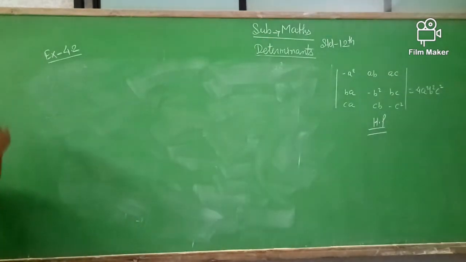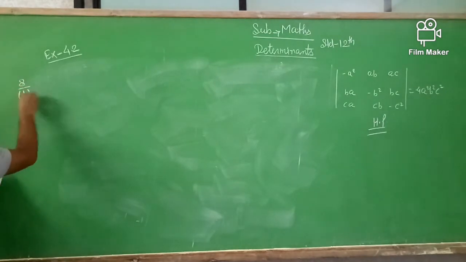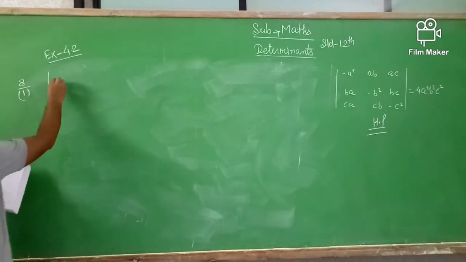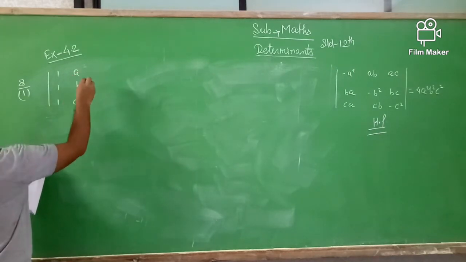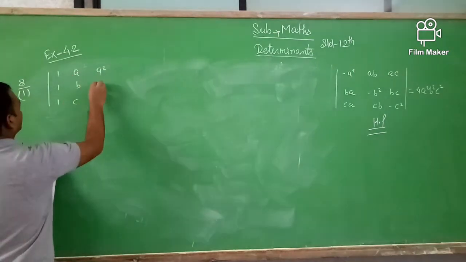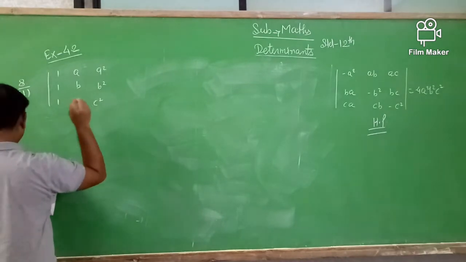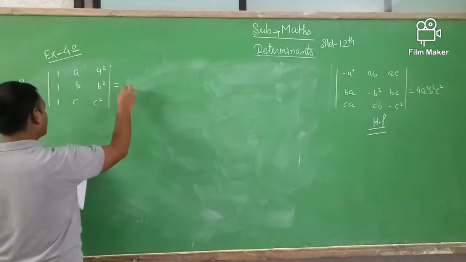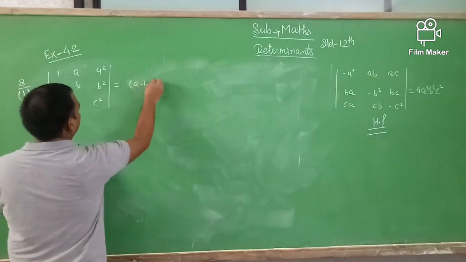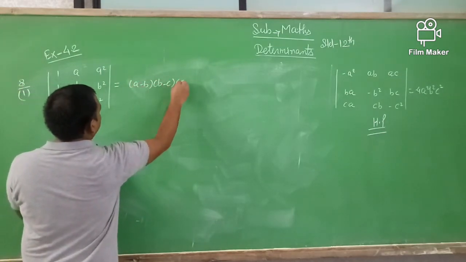And you can prove this is equal to a minus b, b minus c and then c minus a.